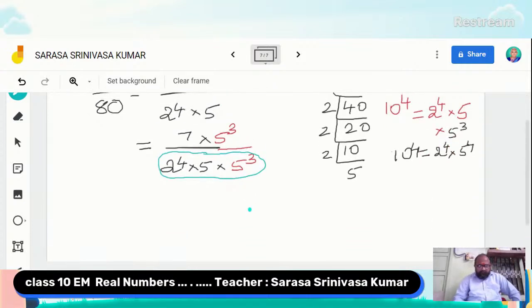So, this is equal to 7 multiplied by 125, divided by, in the denominator, you will get the form 2 power 4 multiplied by 5 power 4, that is 10 power 4. This is equal to 7 multiplied by 125.